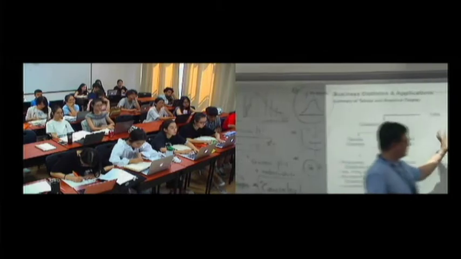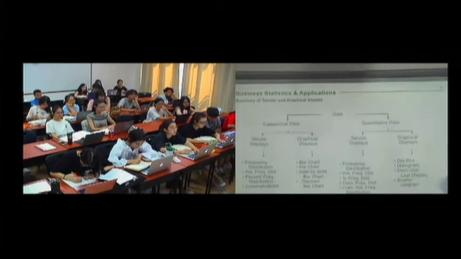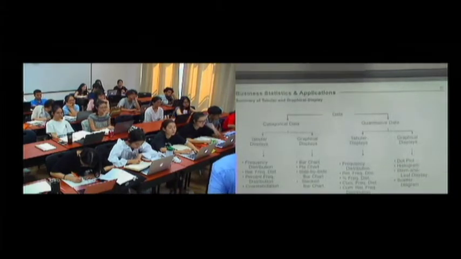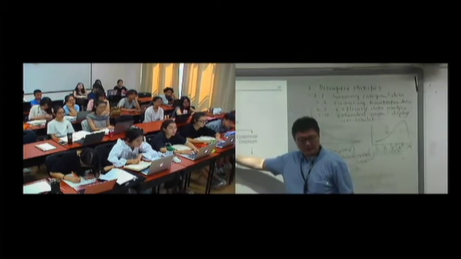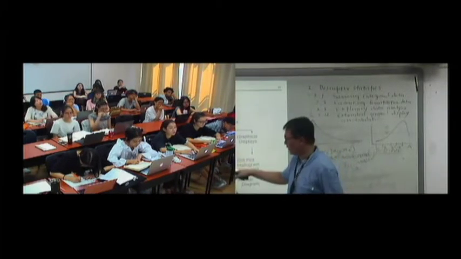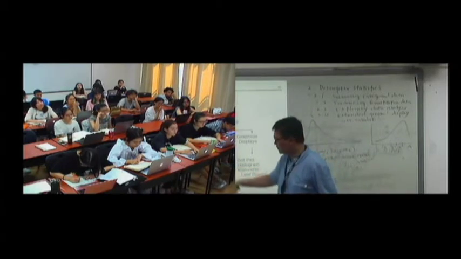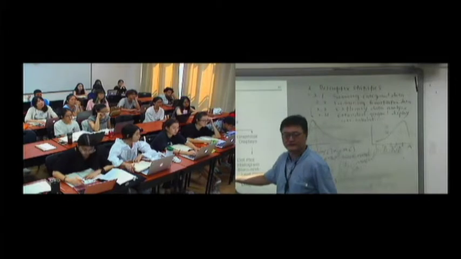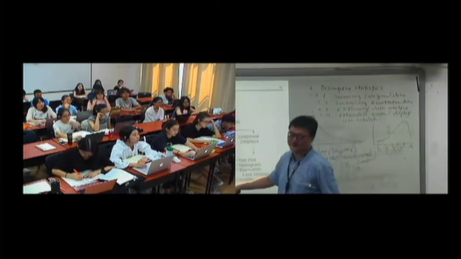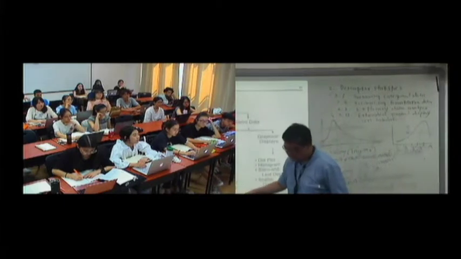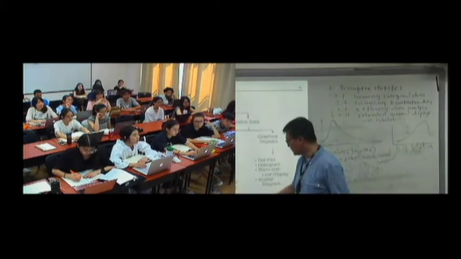Let's focus on the quantitative data. When we have quantitative data, we can make a table. The table can contain frequency distribution, relative frequency distribution, percent frequency distribution, cumulative frequency distribution, cumulative relative frequency distribution, and cumulative percent frequency distribution.